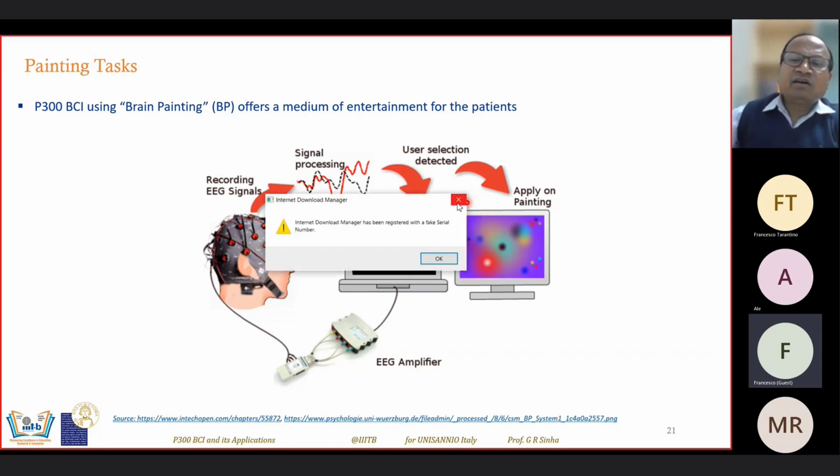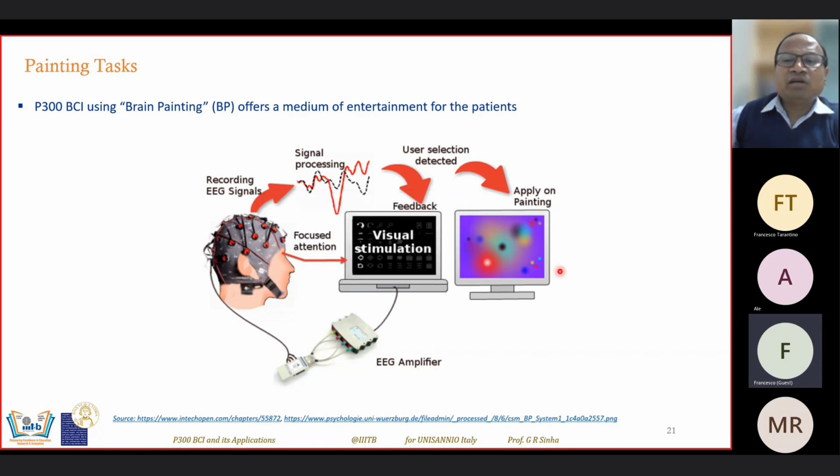where they can do some painting or they can perform certain tasks. So here also a visual stimulus is being generated with the help of some device and EEG amplifier. The visual stimulus is being given to the person, and remember there is always an interconnection between the two.